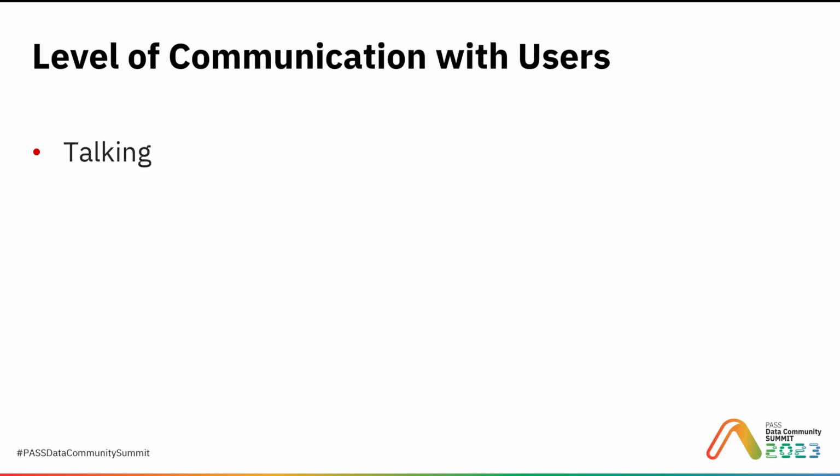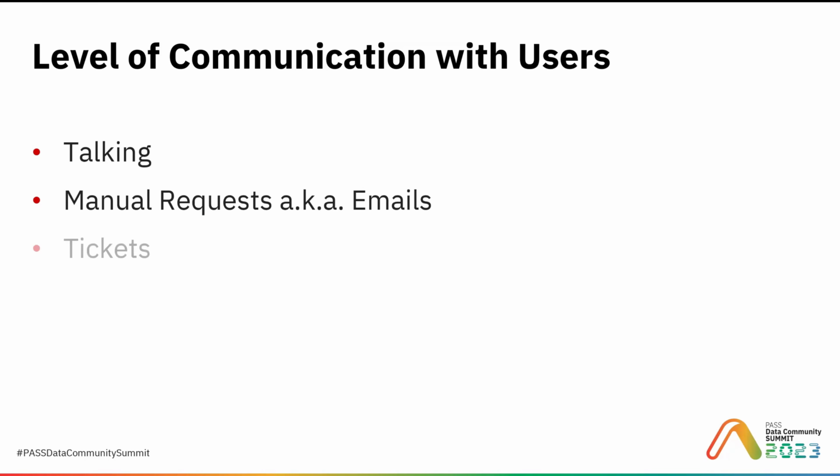You go back to your desks and then you work in different directions. The next one is manual requests, also known as emails, where at least you have a trail and written down information of what was agreed on. After that, a ticketing system that tracks who works on it and how long.